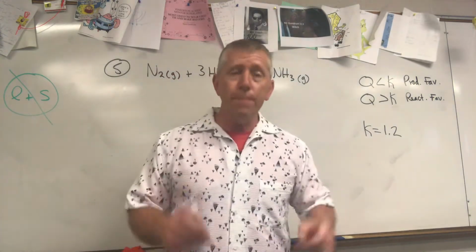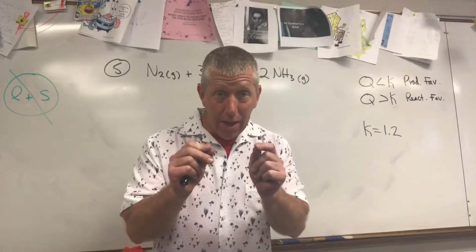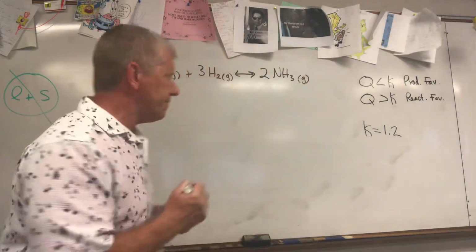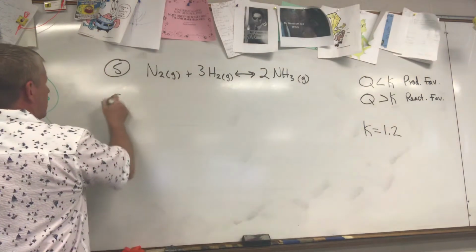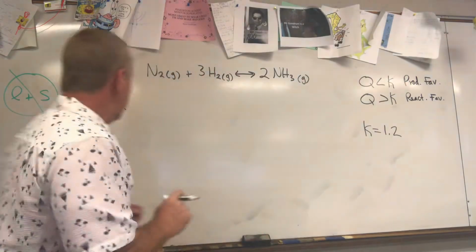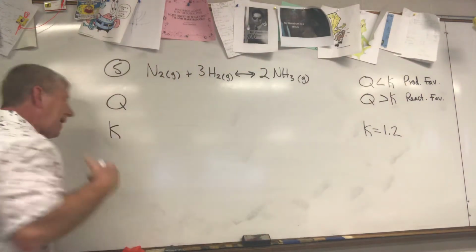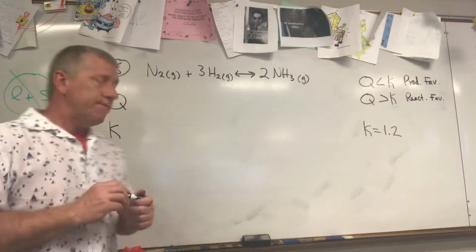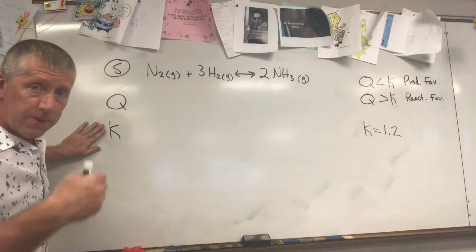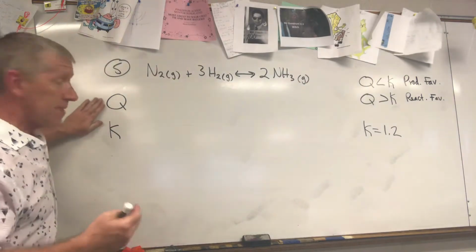A Q is a K at the beginning of the reaction. Okay, let me say that one more time. A Q, this problem is referring to a Q expression, is the same thing as a K, except a K is after the reaction's been going for a long time and we've established equilibrium. This is at the beginning.